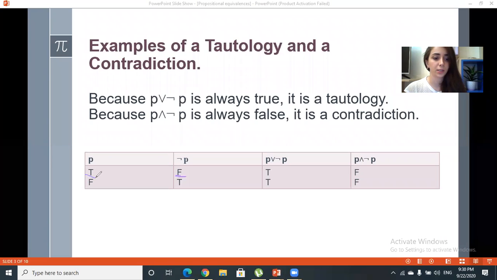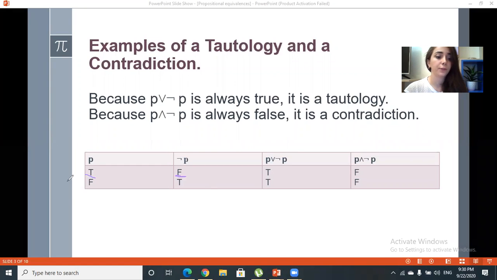And the disjunction of P and negation P is always true because what is the definition of disjunction? If one of the statements is true, then our result is true.